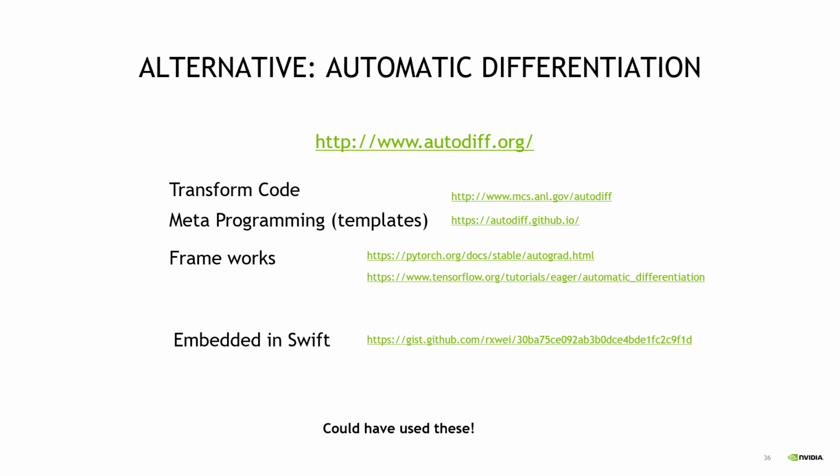There are many tools out there, and I've listed a few of them here. We could have used this. The nice thing about our approach is that you can reuse the existing renderer. Every time you improve your renderer, it will automatically improve the computation of your adjoint, and you don't need to recompile all your code to get the differential version.